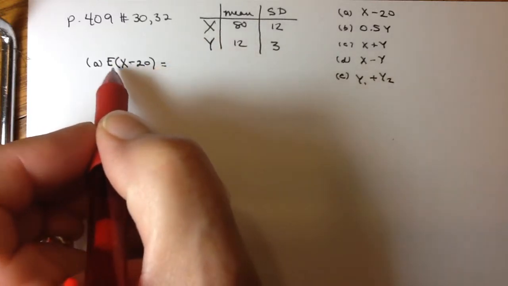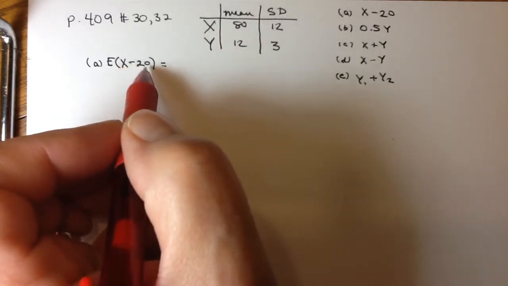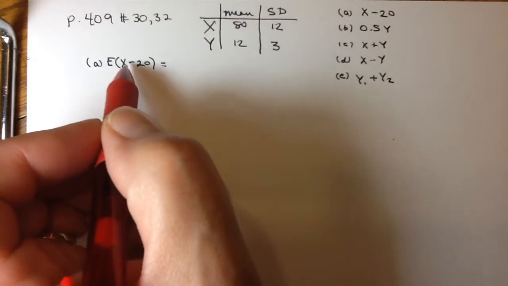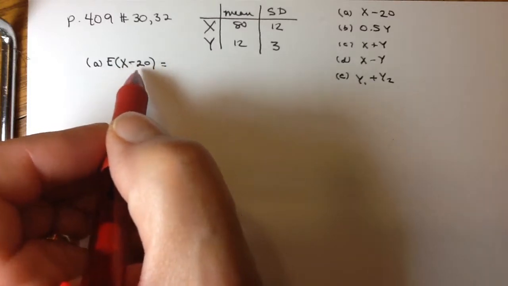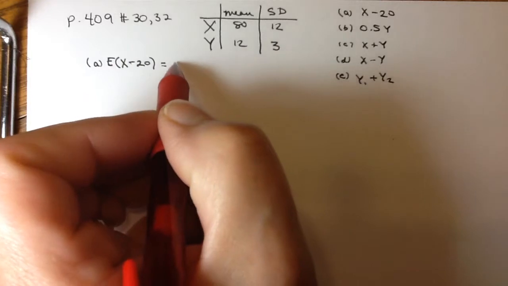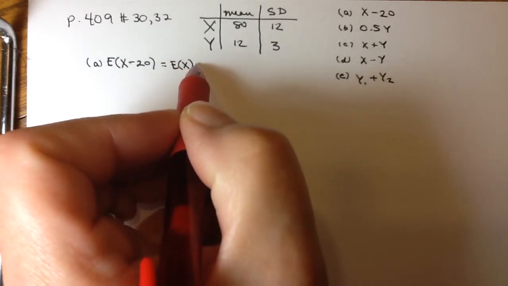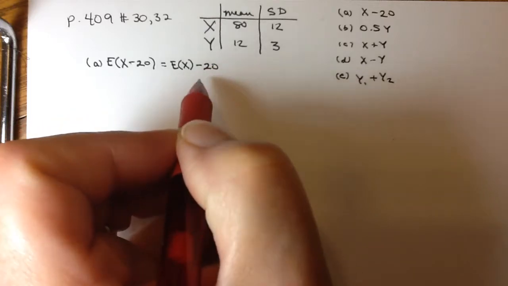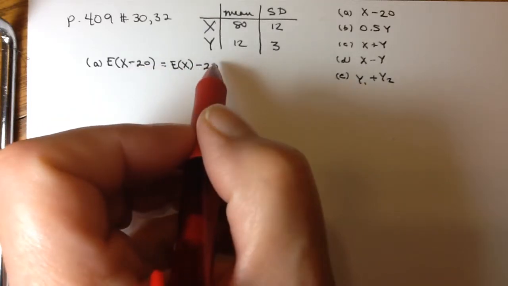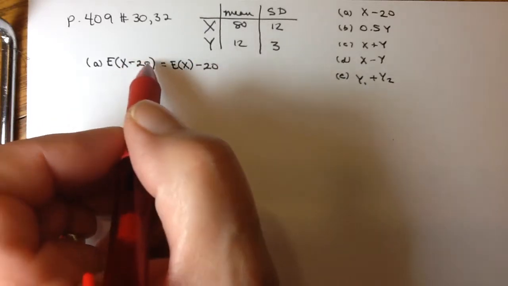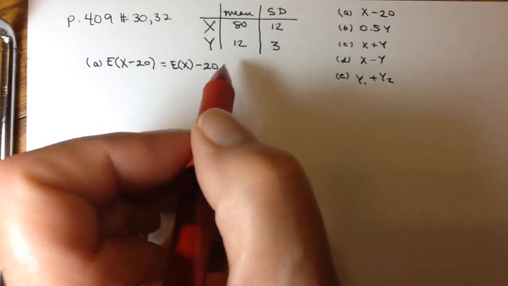The rule for expected values, which are the same things as means, is that if you subtract a constant from the variable, you subtract that same constant from the mean. So algebraically, we'll just rewrite this as E of x minus 20. So basically, we just pull that 20 out. So if each value is 20 less, then the mean is 20 less.